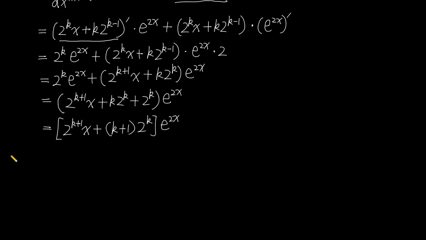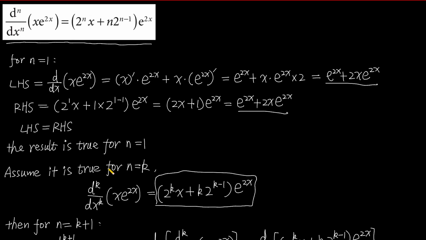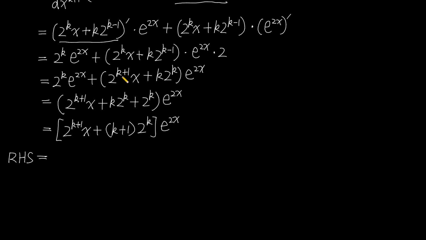Let's check the right hand side. Right hand side equals, so we just use k plus 1 to replace n here. So this equals (2 to the power of k plus 1 multiplied by x plus (k plus 1) multiplied by 2 to the power of (k plus 1) minus 1) multiplied by e to the power of 2x.